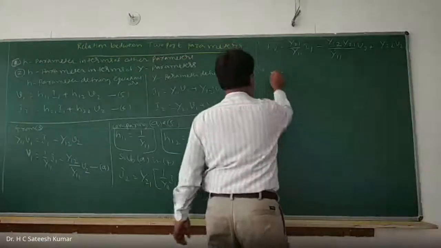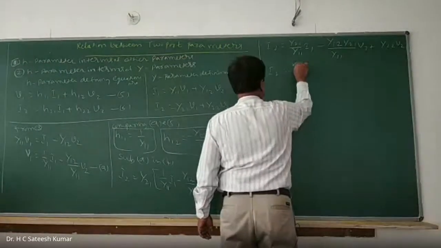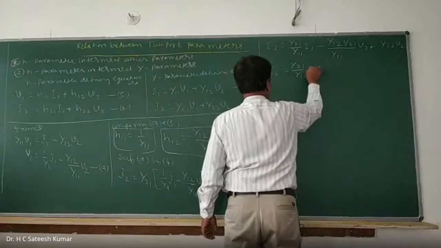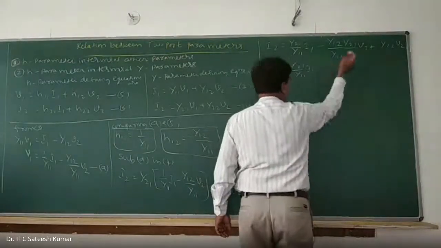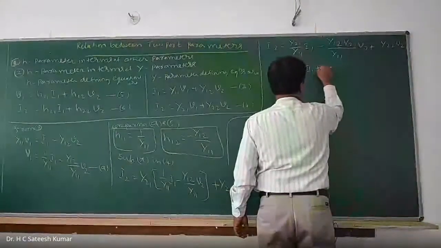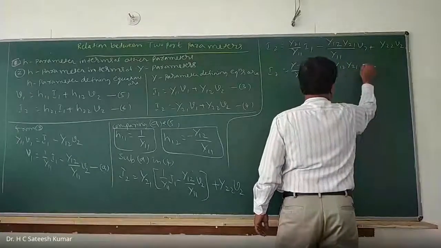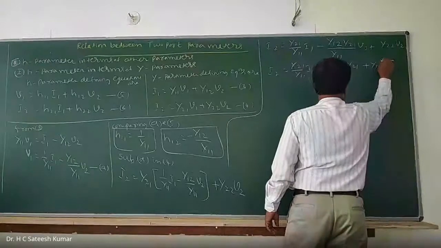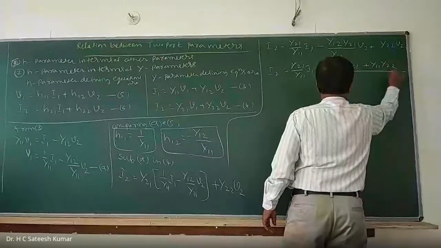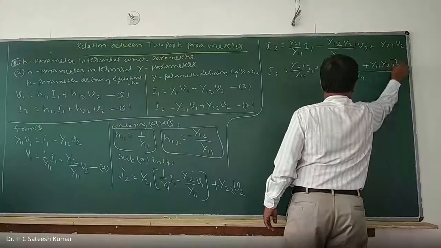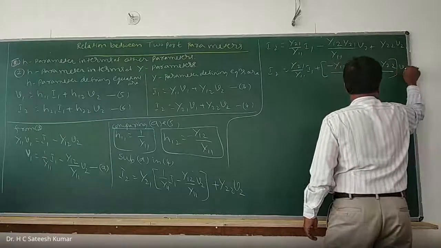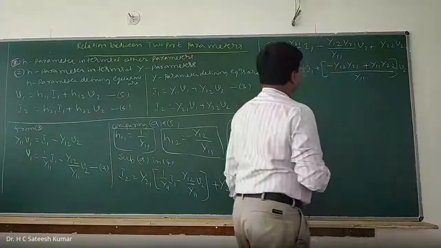Now I2 is equal to y21 divided by y11 into I1. Take the LCM: minus y12 into y21 plus y11 into y22, divided by y11. Take V2 outside. What is delta y?